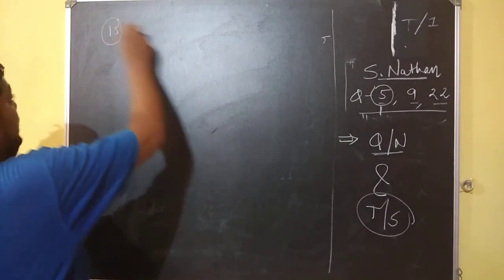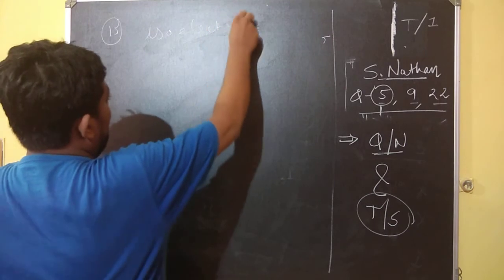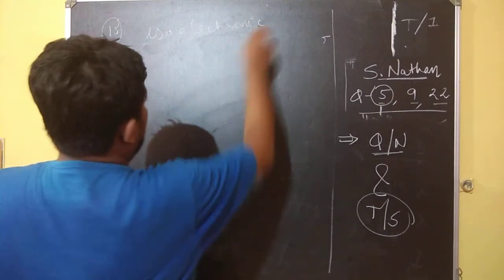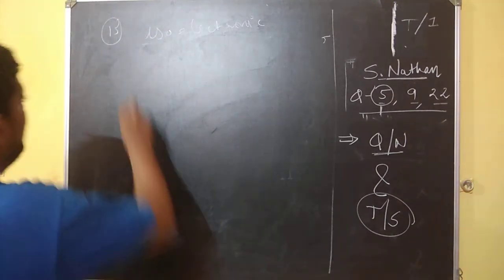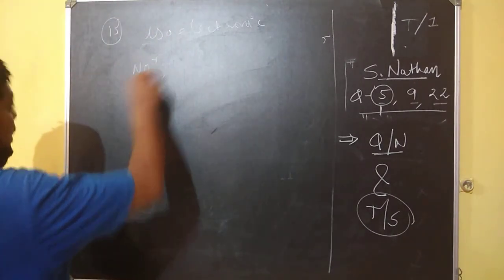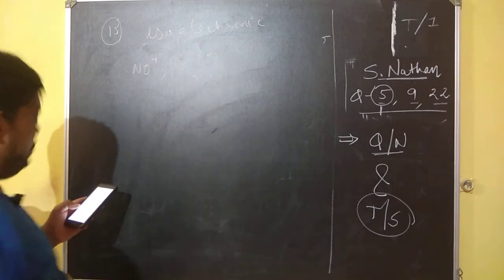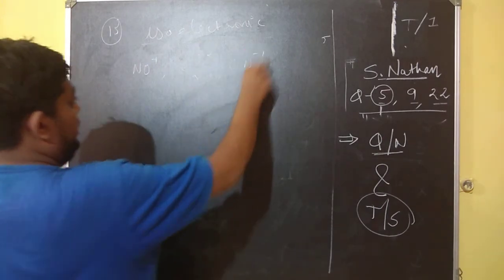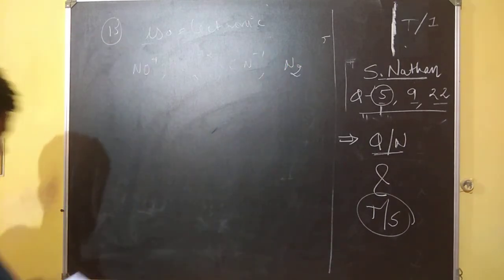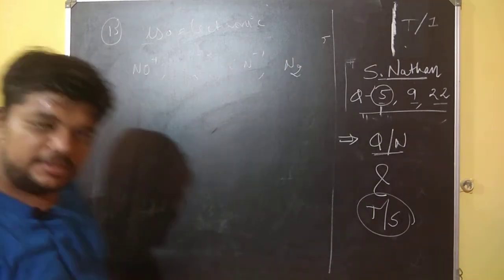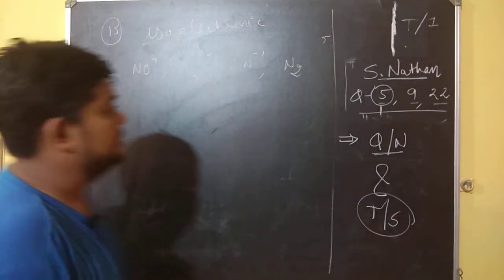For question number 15, just sum up the total number of electrons. For option A: NO plus, C2 2 minus, CN minus 1 and N2. If the total electrons are the same in all 4 species, they are isoelectronic.